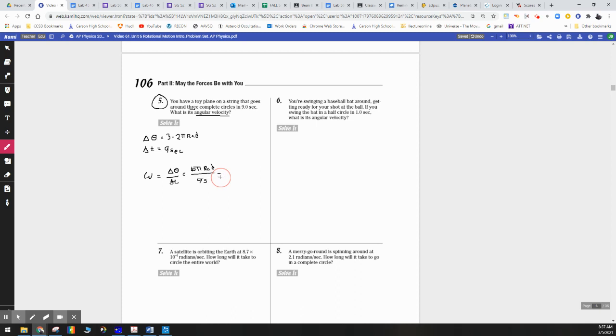We'll go ahead and do this calculation, and I should get about 0.7 radians per second. Hit pause. Oh, hold on, not paying attention. Hold everything. This should be about 2.1 radians per second. All right, so you go ahead and try number 6, number 7, and number 8, and we'll check your answers.